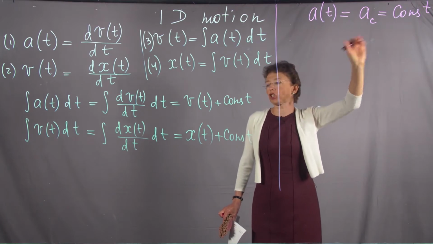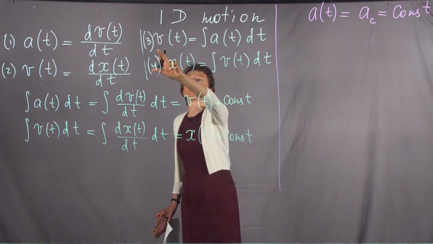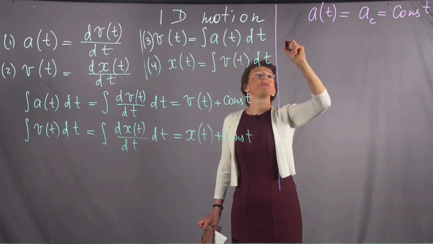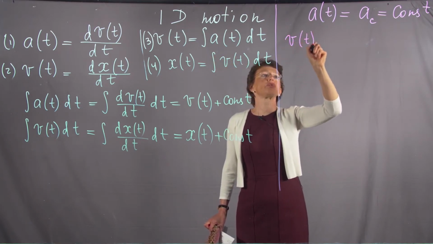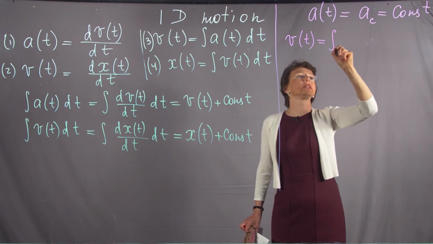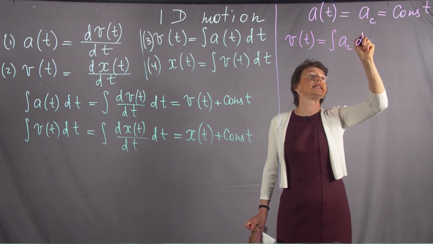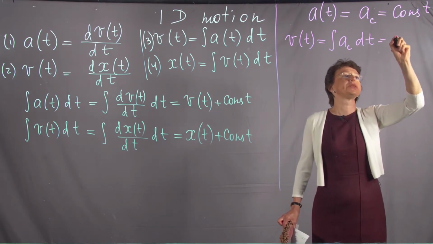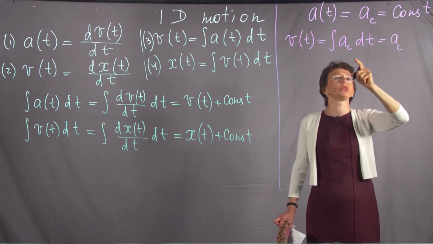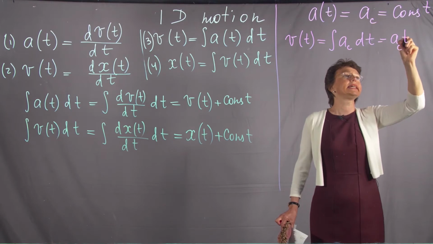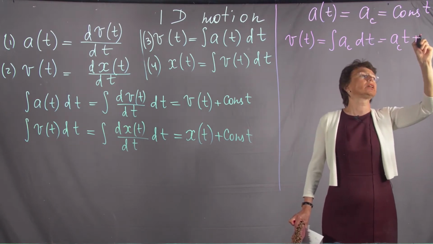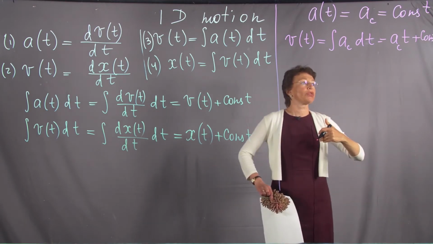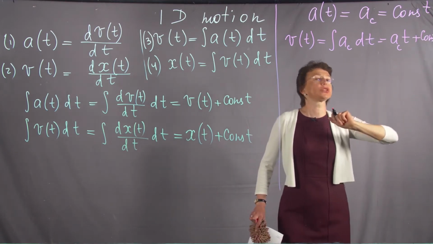Since acceleration is constant, I go back to my equation 3. From 3, I have velocity as a function of time, which is integral a c dt. Since acceleration is constant and does not depend on time, I take it out of integral, and that's indefinite integral, so it generates arbitrary constant. I need to know the initial condition to find these constants.